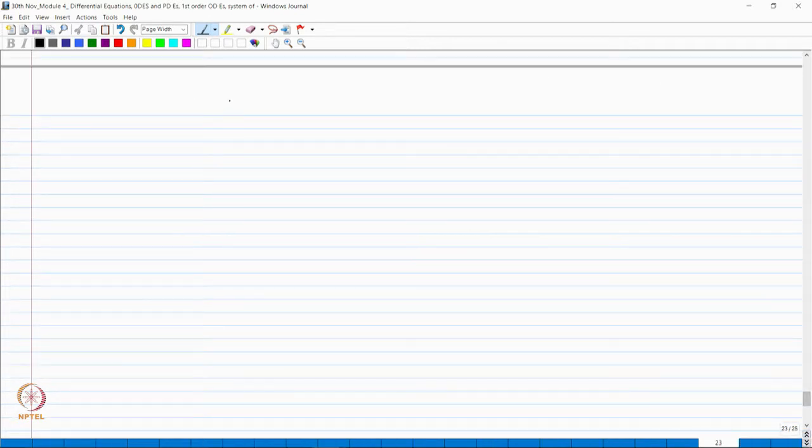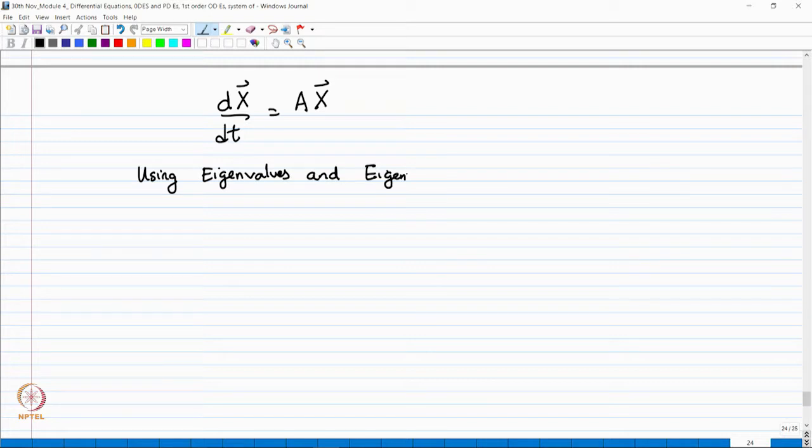So, what we had was dx by dt equal to A times x. And now, what we saw was that using eigenvalues and eigenvectors, we obtained several solutions.